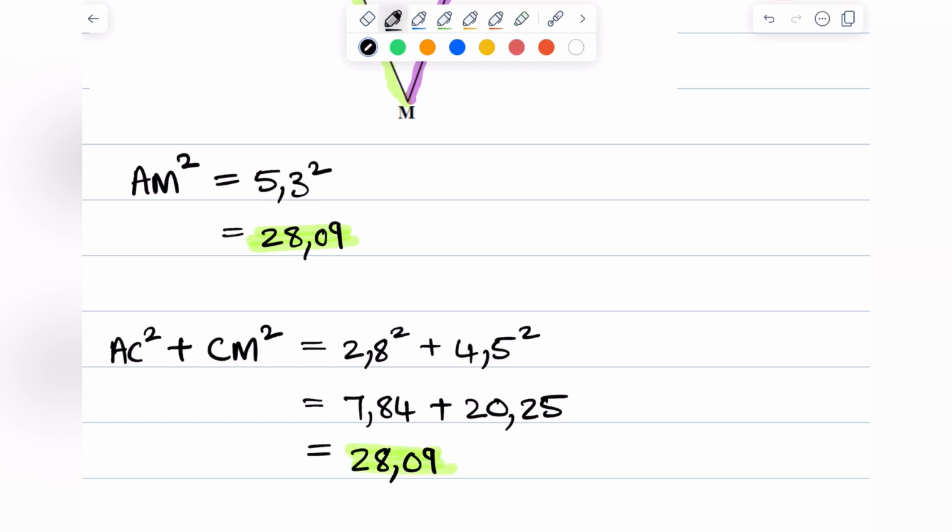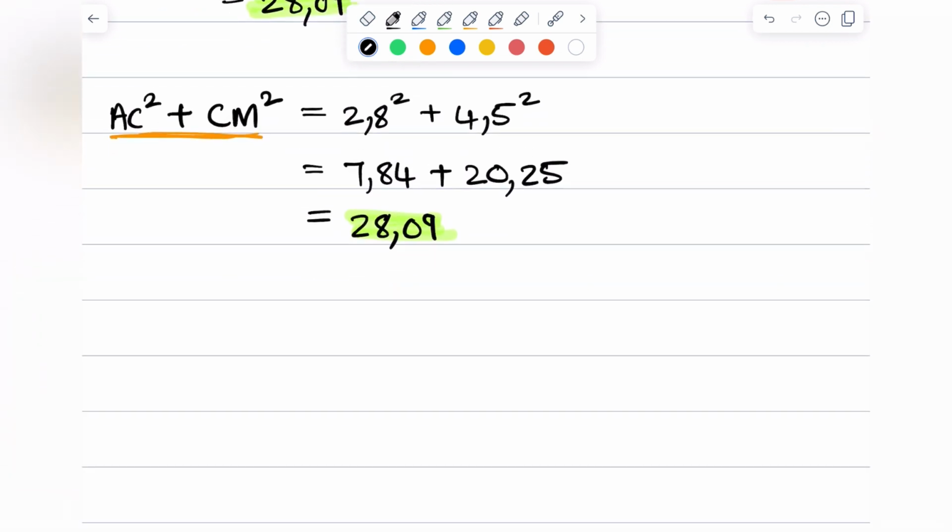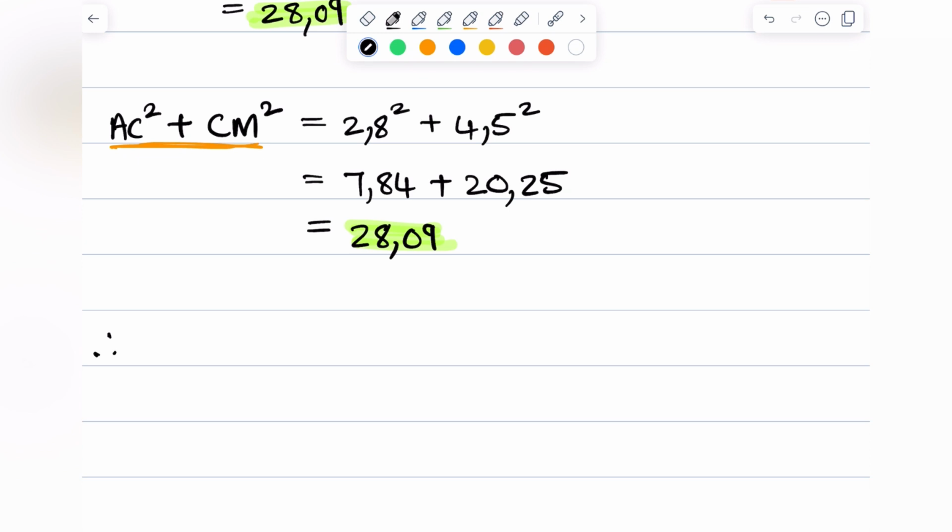So that means I can now say AM squared and AC squared plus CM squared are equal. They are the same because they give us the same answer of 28,09. So I can then say, therefore, AM squared is equal to AC squared plus CM squared.